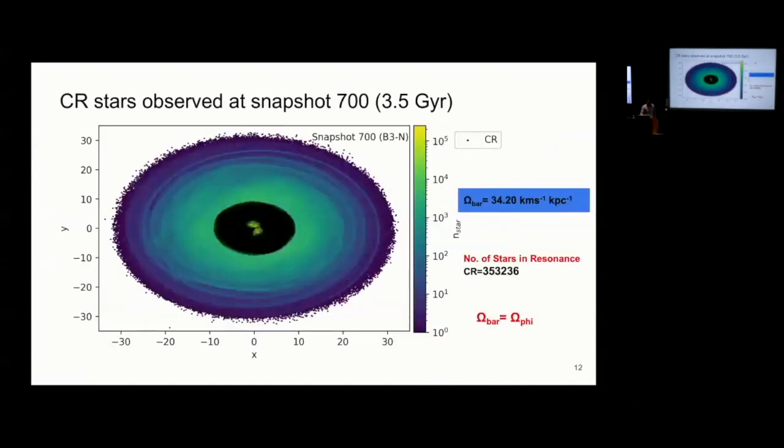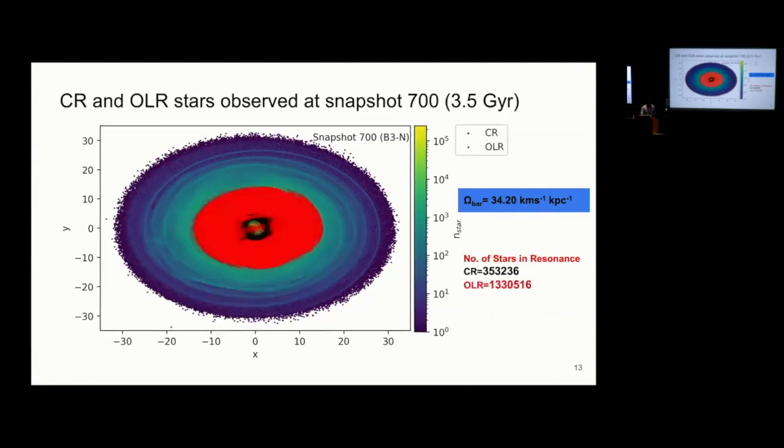These are the corotation resonance stars that I observed at a snapshot 3.5 gigayears later in the simulation. At that time, the bar's pattern speed was 34.2 kilometers per second per kpc. I also identified the stars in outer Lindblad resonance at that snapshot.